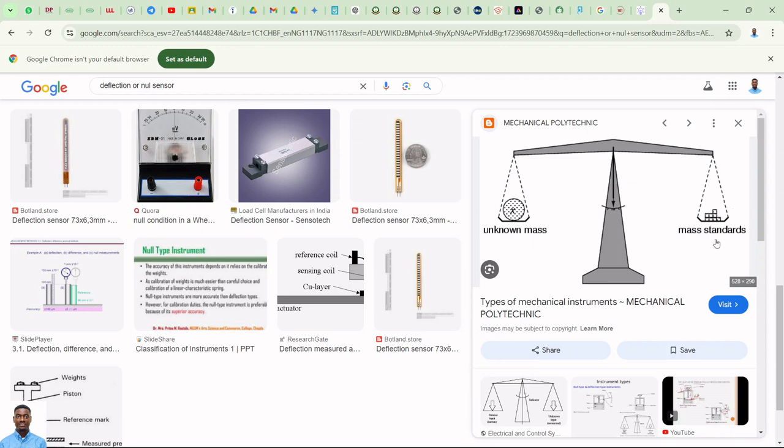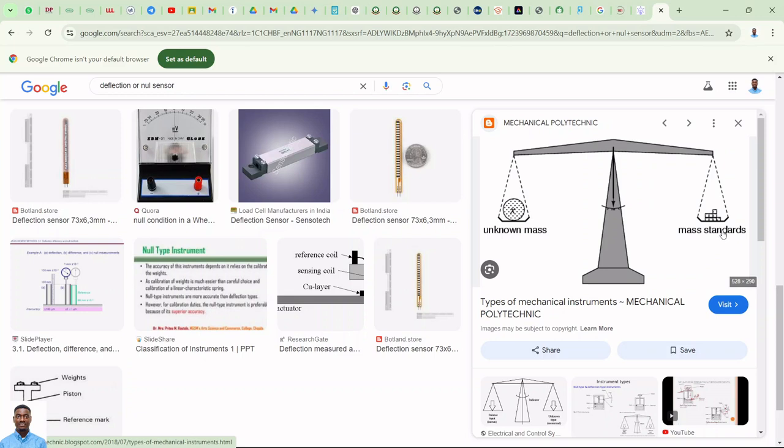When you have an unknown mass, you put the nails on this side, and you begin to put maybe 0.5 kilo, 1 kilo mass on the other side until you have a balance of the two pans, and whatever you now read is the mass or the weight of the nails that you are buying.